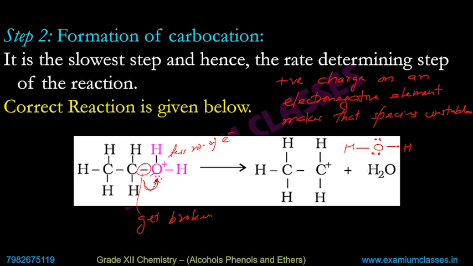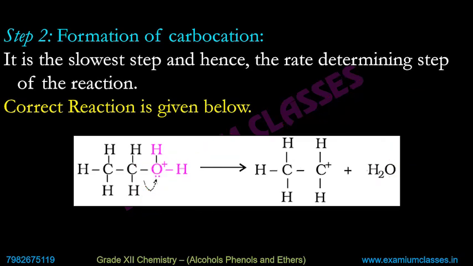One was already there and one got transferred. So this is H2O now. But because this carbon now does not have any electrons of this bond, it gains positive charge, because it has lost its own electron as well. Here, one electron was of oxygen and another electron was of carbon. But both these electrons move to oxygen. That's why this carbon gained positive charge.